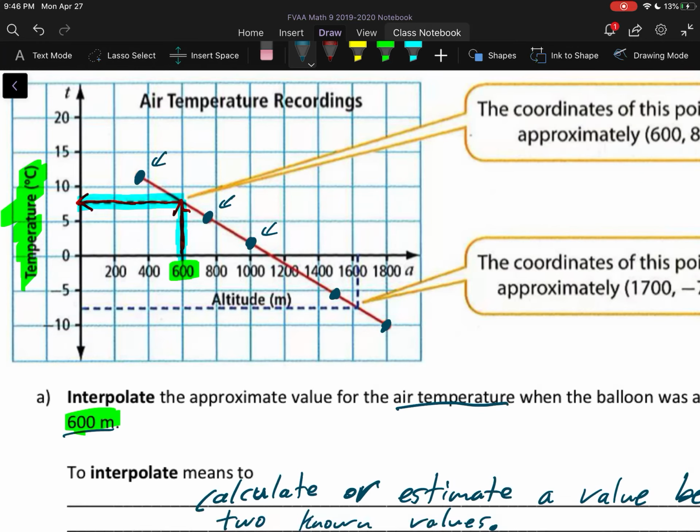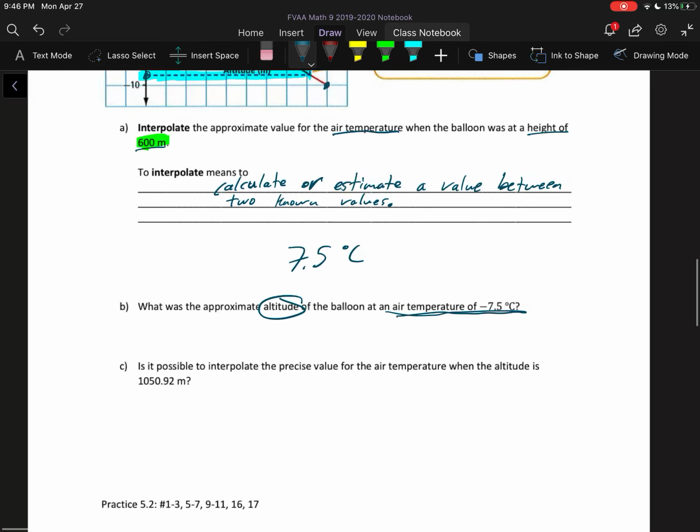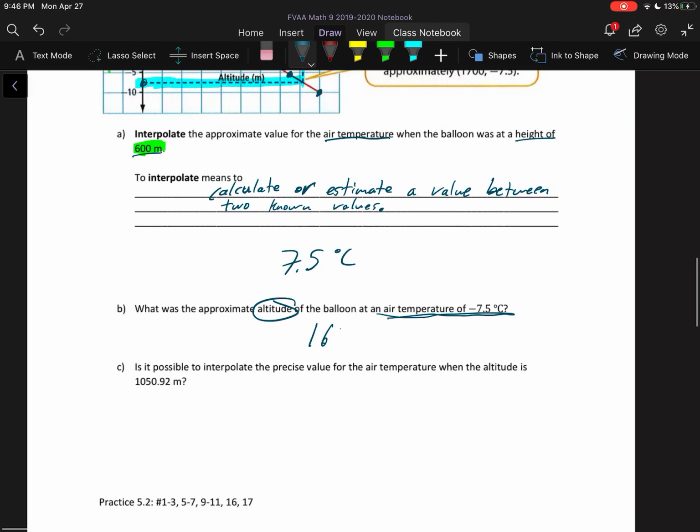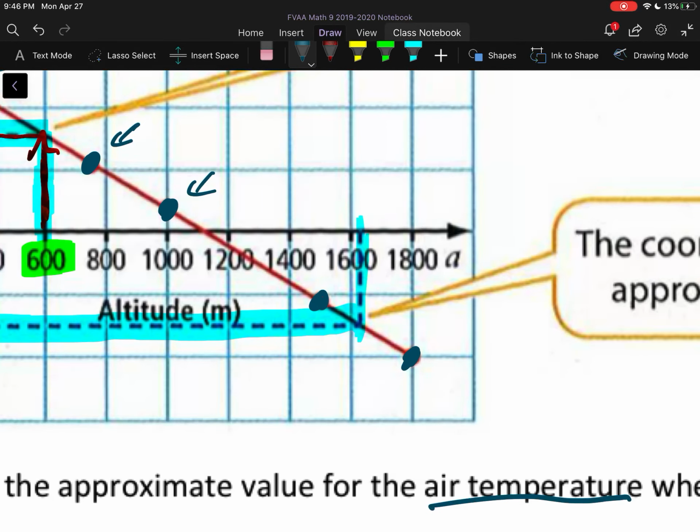Again, I start halfway between -5 and -10, so that's -7.5. I start moving towards the line. Once I hit the line, I turn towards the other axis, and it gives me an estimation. It's just over 1,600 meters. I'll say probably about 1,630 meters. That's my guess. Definitely a bit of an estimation there. These tables go up by 200, and so it's hard to know exactly what's in between each of those lines.